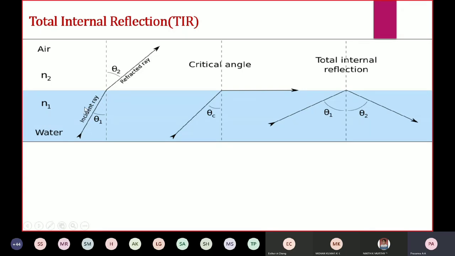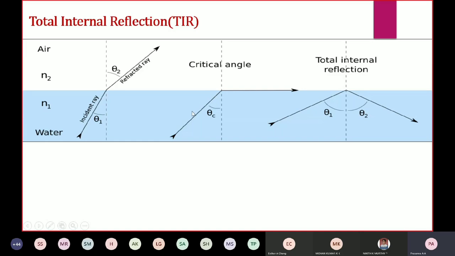In that way, if you go on increasing the angle of incidence, at a specific value of the angle of incidence, which is called the critical angle, the refracted ray just grazes the interface. That means the angle of refraction becomes 90 degrees for a specific angle of incidence. That is the critical angle of incidence.